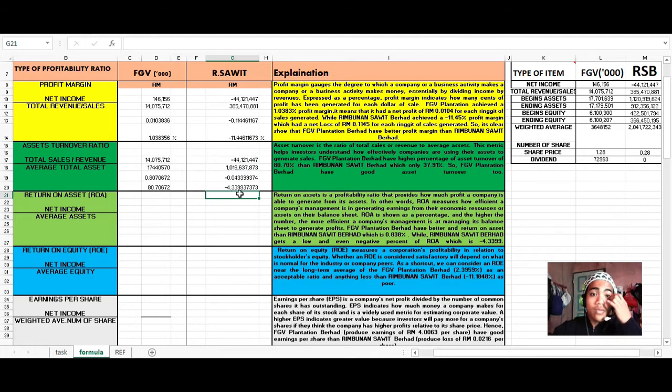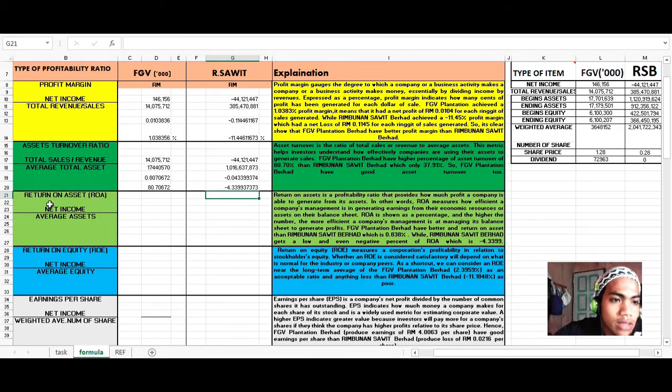So we get negative 4%. We know that asset turnover is the ratio of total sales to average asset. This metric helps investors understand how effectively companies are using their assets to generate sales. FGB Plantation has a higher percentage of asset turnover, which is 80%, than Rimbunan Sawit, which is only 37%. So FGB Plantation has good asset turnover too.